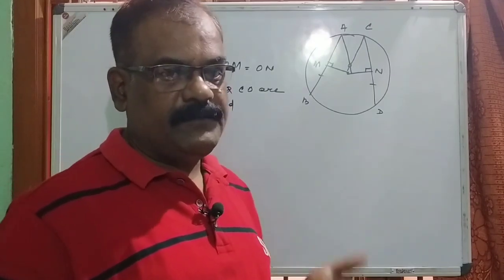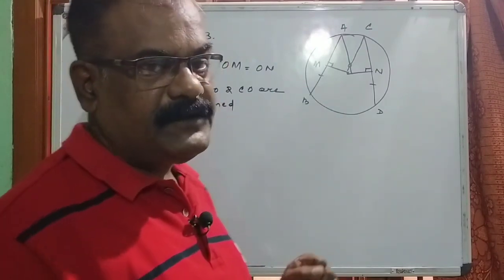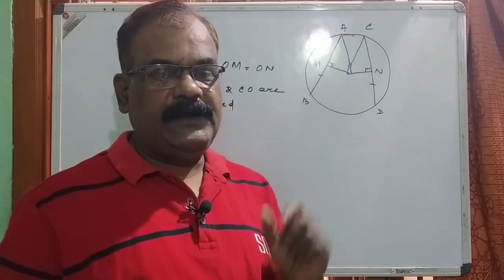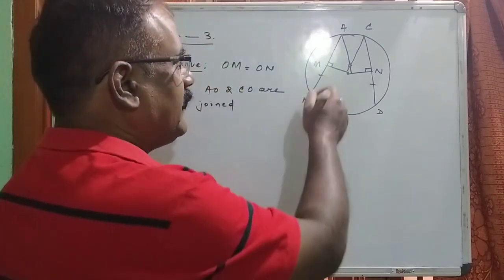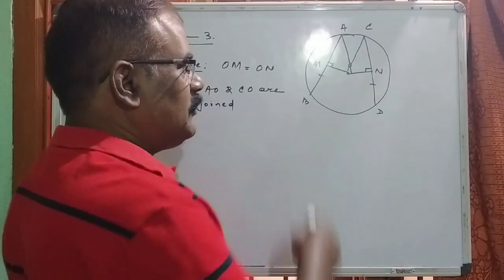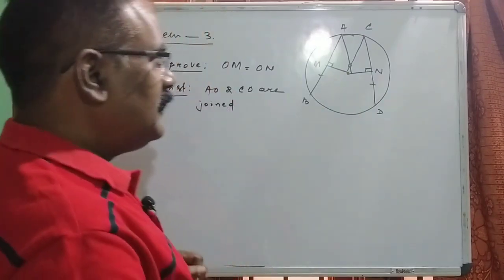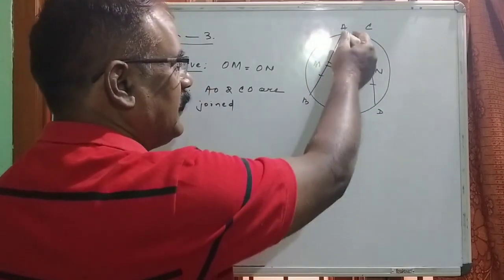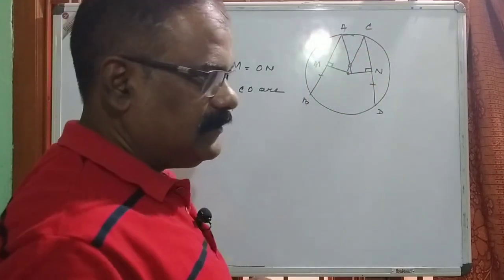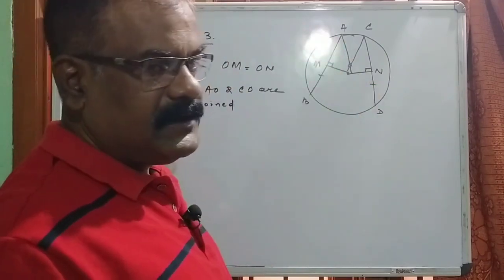So we get AM equal to BM and CN equal to DN. But since AB is equal to CD, half of AB will be equal to half of CD, or in other words, AM is equal to CN.